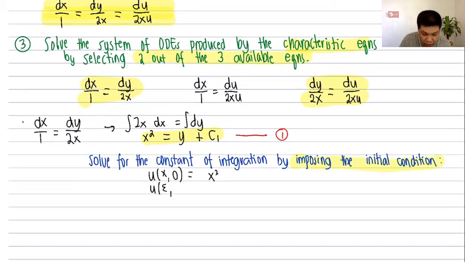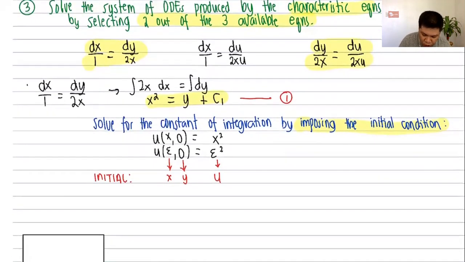U(epsilon, 0) is equal to, I'm changing x to epsilon. And please take note that epsilon here is x, 0 here is y, and epsilon squared here is the value of u. So these are now the initial conditions for a certain point anywhere along x.